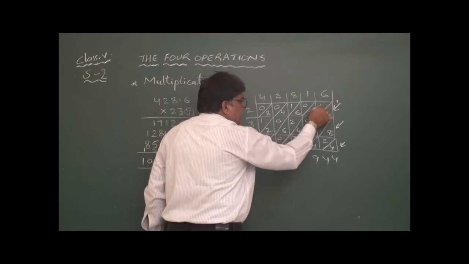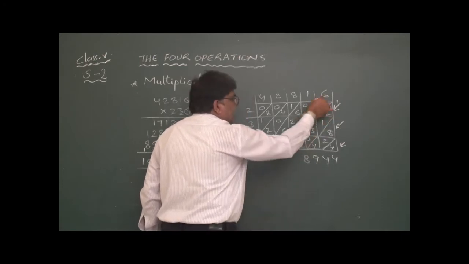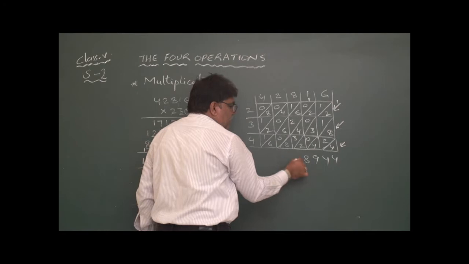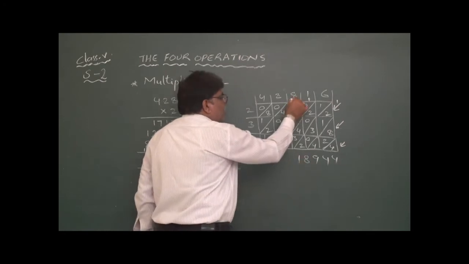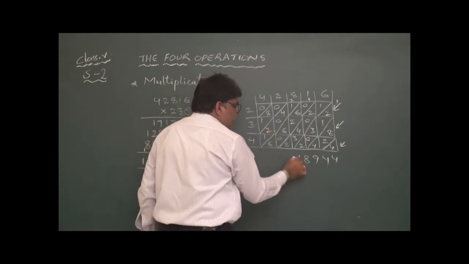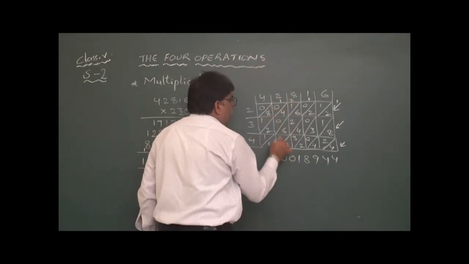Then again here 3, 4, 7, 3 is 10, 8 is 18. Then again here 1 plus 6 is 7, plus 2 is 9, plus 6 is 15, plus 6 is 21. 2 plus 1 is 3, plus 4 is 7, plus 2 is 9, plus 1 is 10, 8 plus 2 is 10, 1.